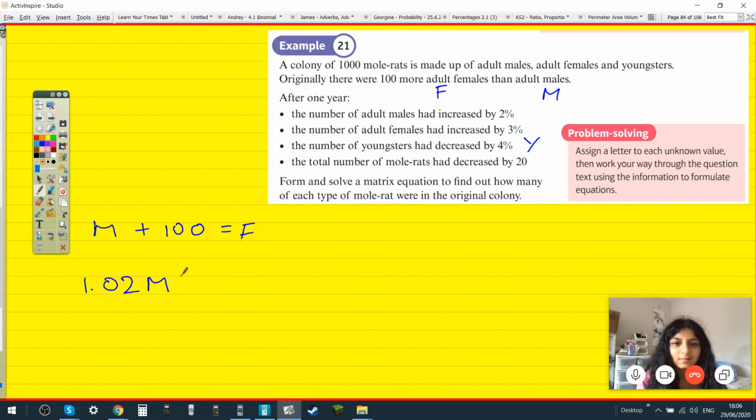And then 1.03 f, I guess. Not really sure. And then 0.96 y. And then when you add them all together, it's equal to 980.